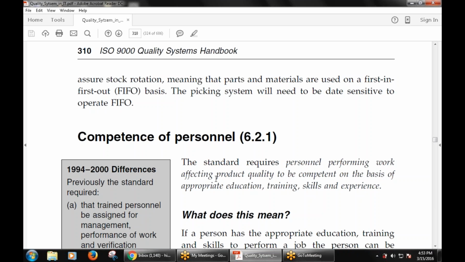The standard requires personnel performing work affecting product quality to be competent on the basis of the appropriate education, training, skills, and experience. Whatever the education, training, skills, and experience that is required, that is the competence of the personnel.